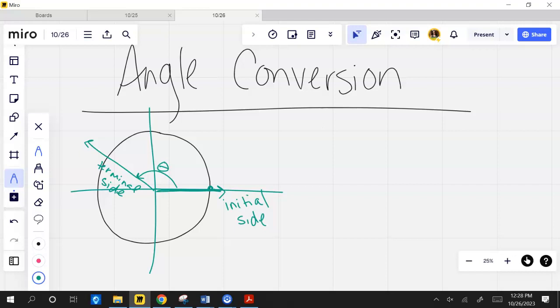Theta is going to be the new variable that we use to indicate angle measure. Theta. What is that? It indicates angle measure. It's what we use most often.